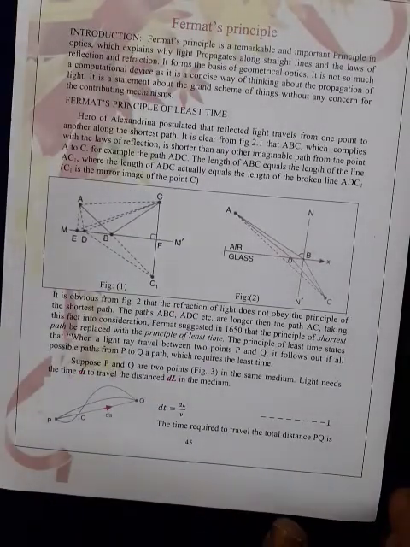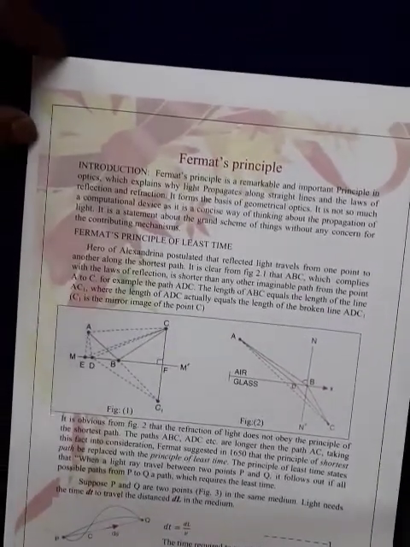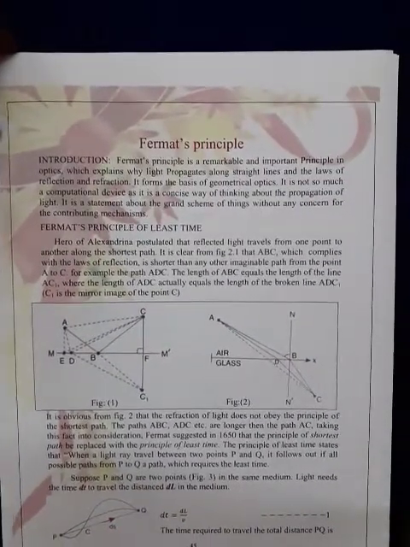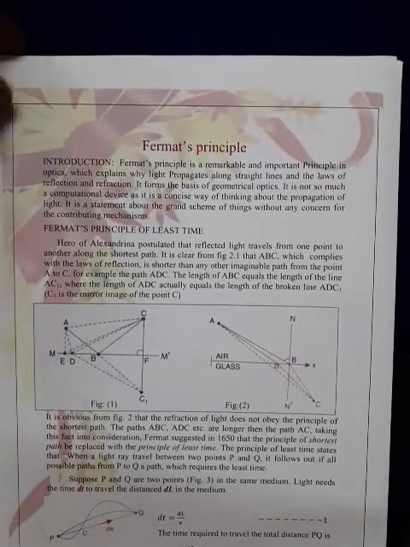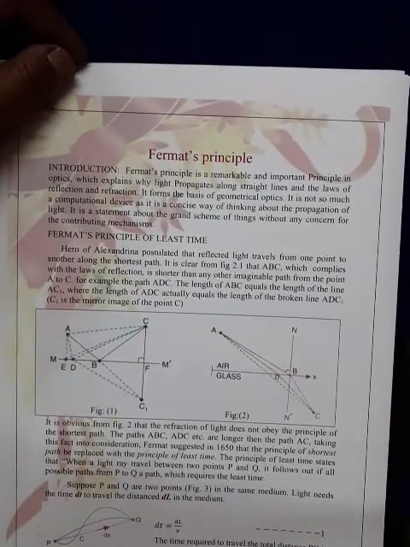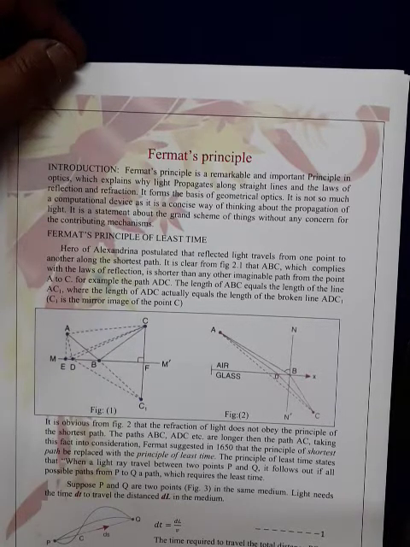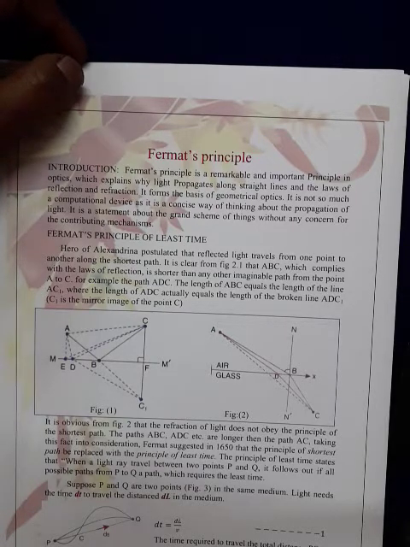Now let us go for Fermat's principle. Fermat's principle is a remarkable and important principle in optics, which explains why light propagates along straight lines and the laws of reflection and refraction.